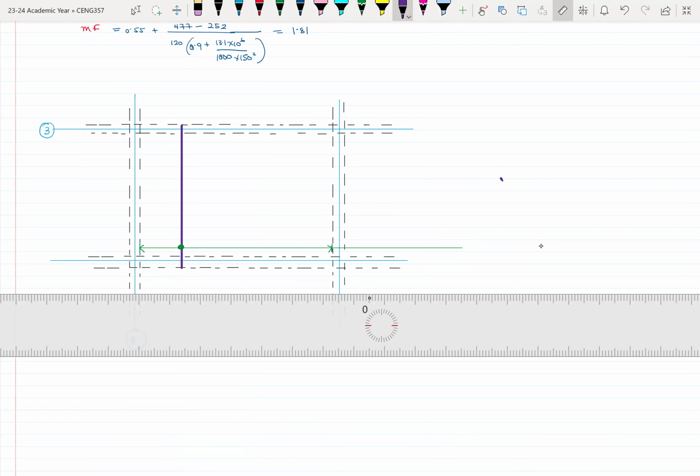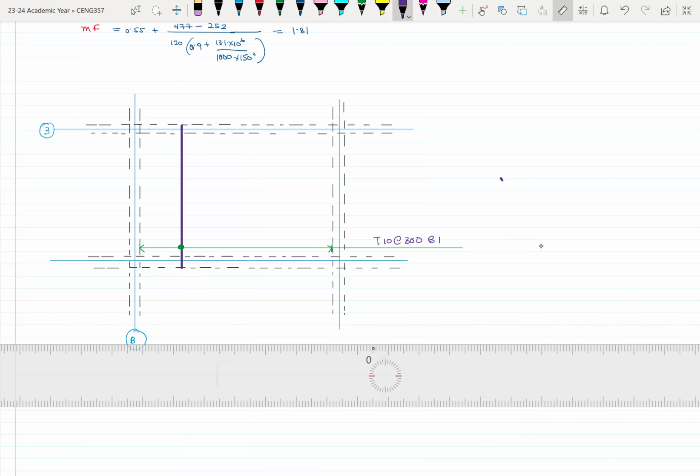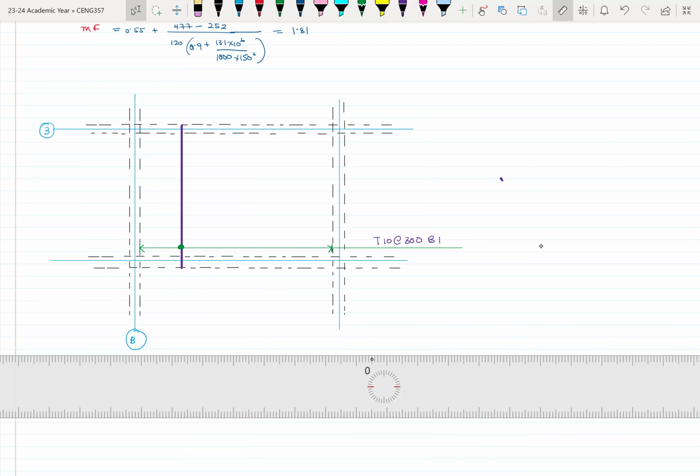So here, it says T10 at 300. All right. So this will be B1. All right. So this is for the MSXP. If you want to know how many there are, we know the length. I think the length is 7 meters.